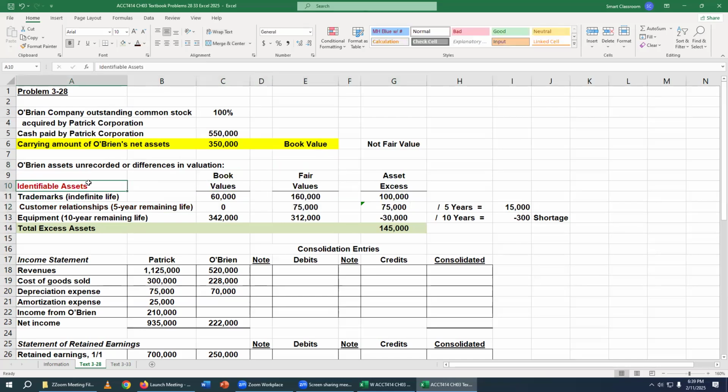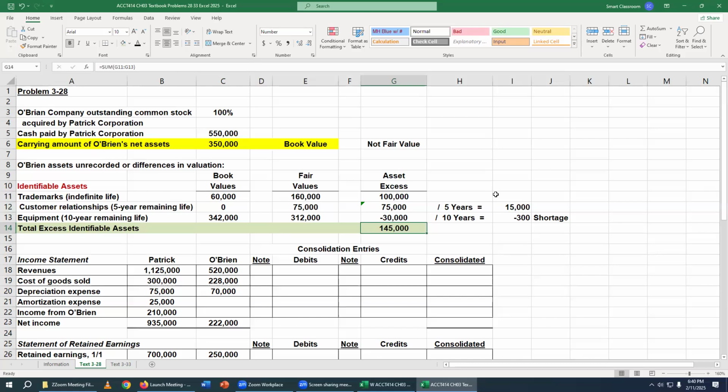Okay, so these are identifiable assets, and the total excess of... and again, it is a weird term, identifiable assets. But it doesn't matter, I guess.